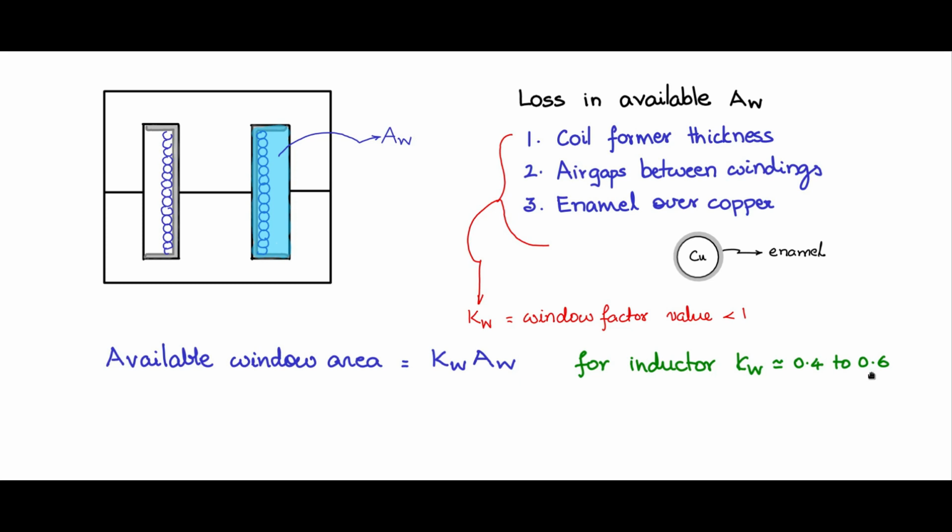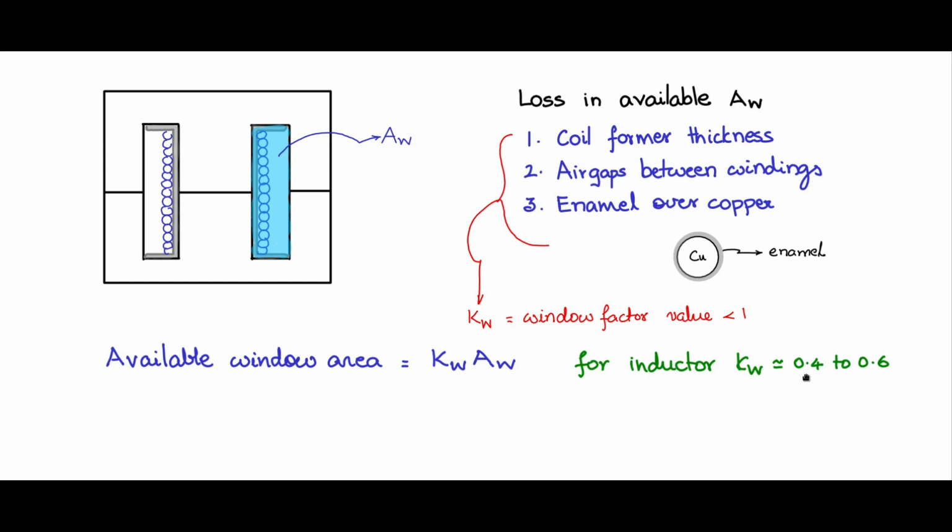So to understand that, it is not easy to deterministically evaluate all these losses and the available window area, because many a time the air gap between the windings depends on the skill with which one winds.